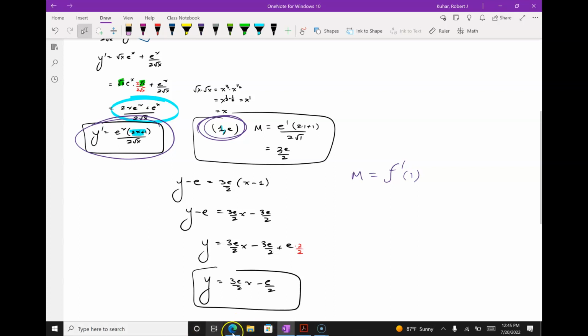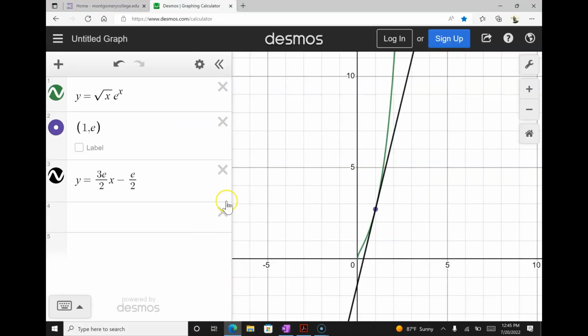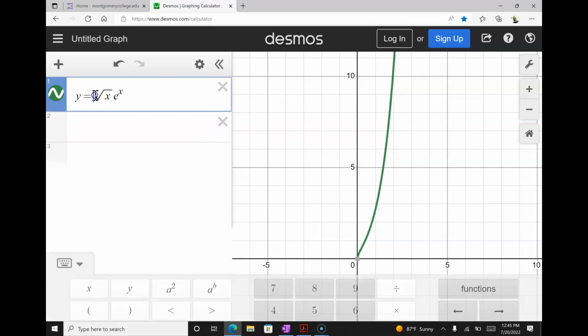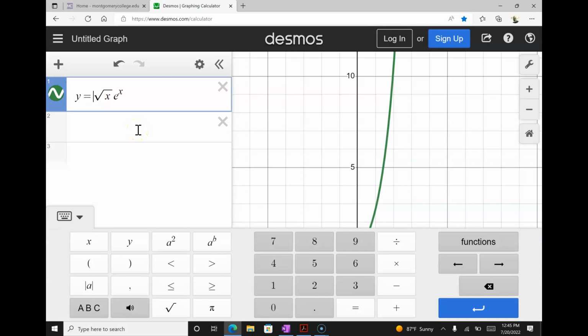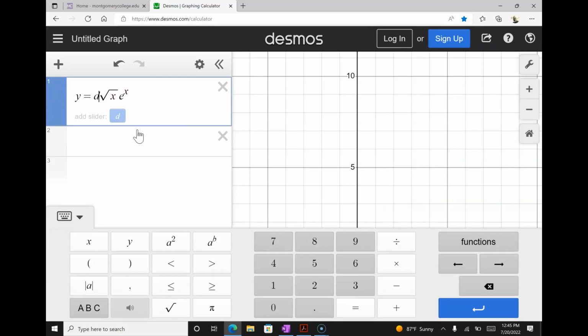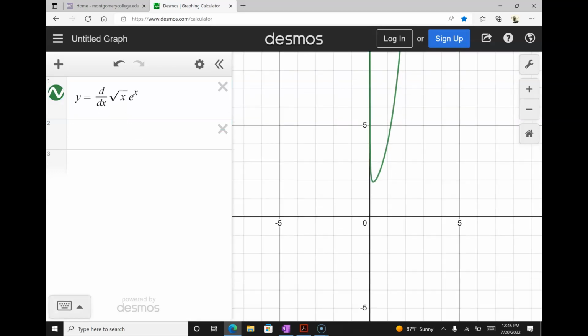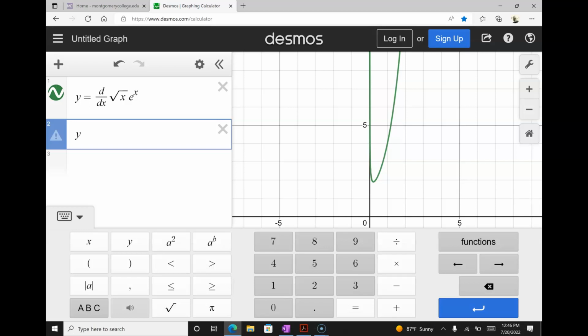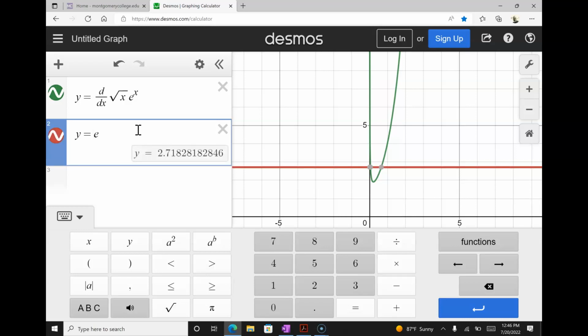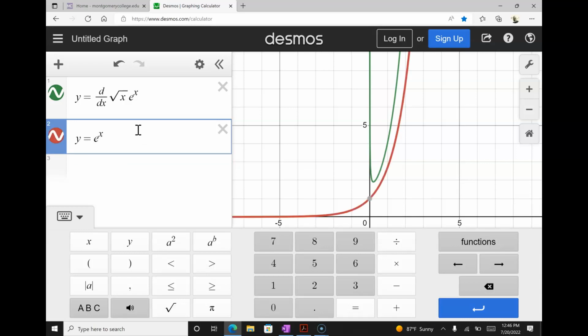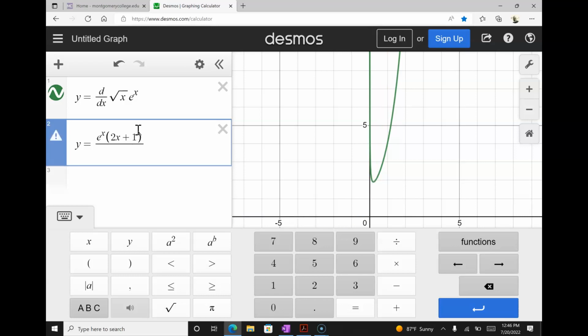Nice. So there's a nice way to check derivatives here, and that is to take my original function and d/dx it, right? d/dx gives me my derivative, okay? And then what I want to do is also plot my actual derivative that I got, which was e to the x times 2x plus 1 divided by 2 square root of x.